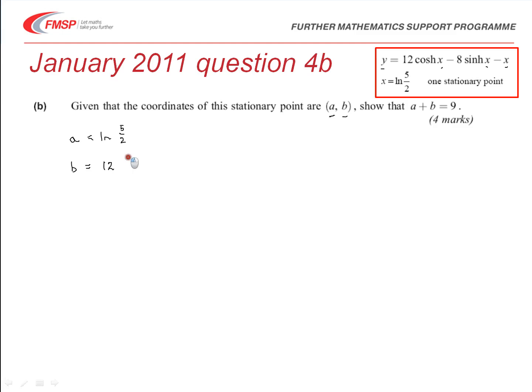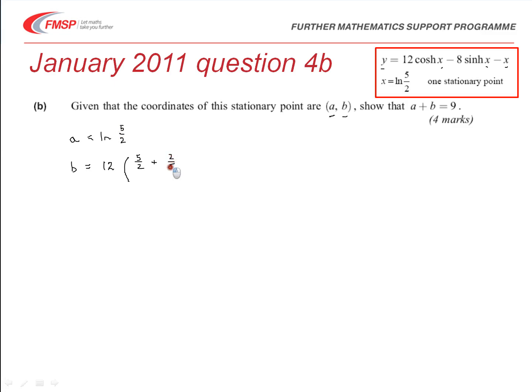So we know that the cosh function is e to the x. Well, if a is ln of 5 over 2, that will give us 5 over 2, plus e to the minus x. Well, if a is ln 5 over 2, e to the minus x is going to be, let's see, e to the minus x, so it's the e of the negative value of that, and since that's a log, that will give us the reciprocal.